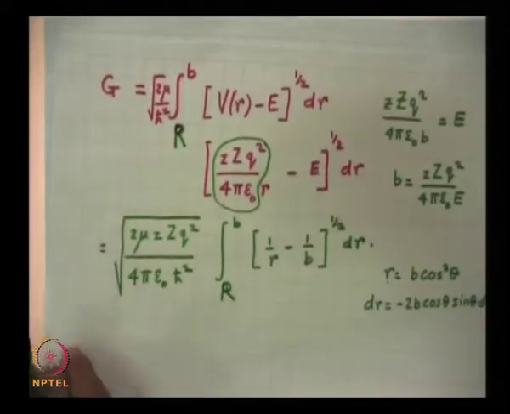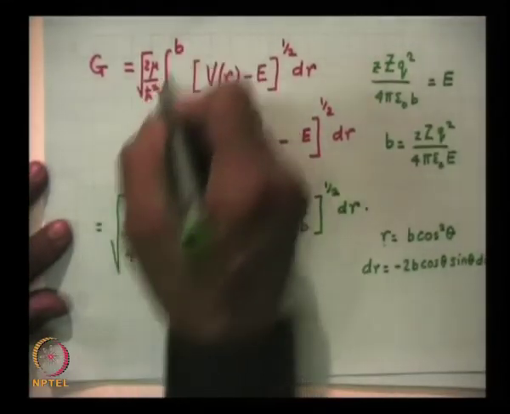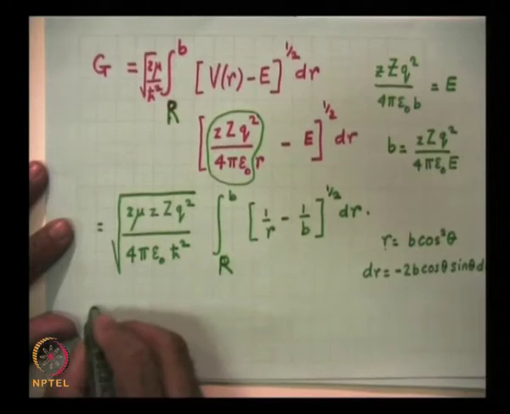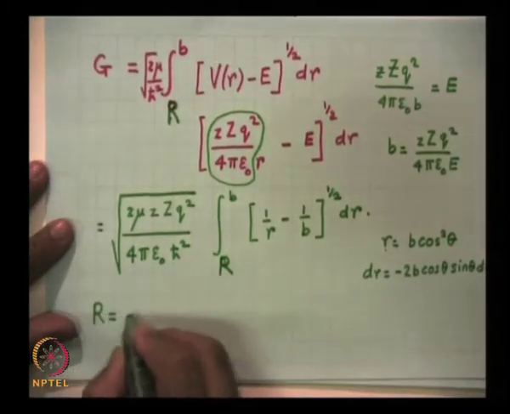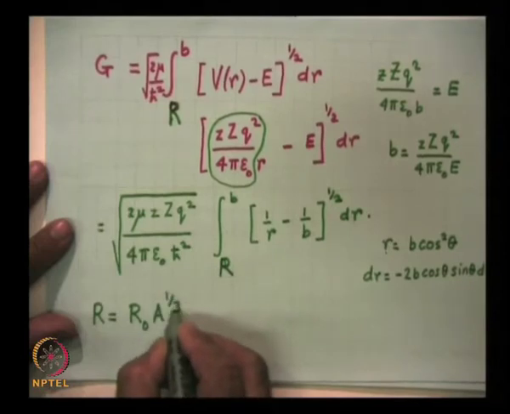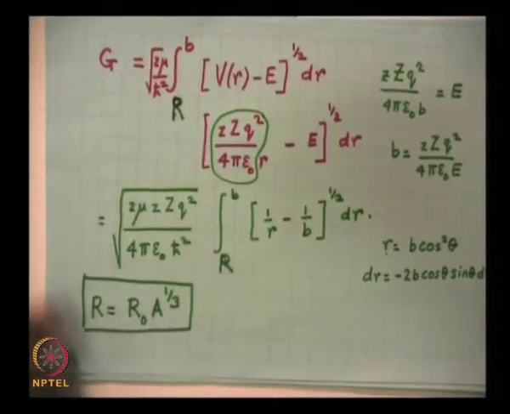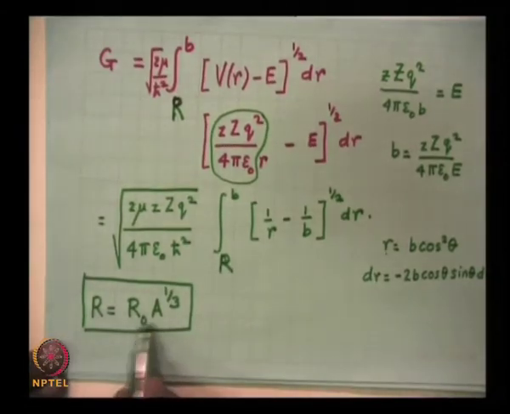So, the limits are not from 0 to b, but from capital R, which is the radius of the nucleus. The radius of the nucleus is given by an empirical formula, R 0 A to the power of one-third, where R 0 is about 1 Fermi, 10 to the power minus 15 meters, and A is the mass number of the nucleus.